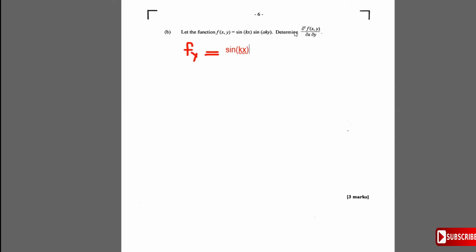When I differentiate sine aky, I get cos aky times the derivative of aky, which is a times k. So that would be fy.